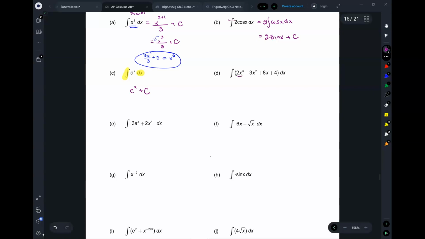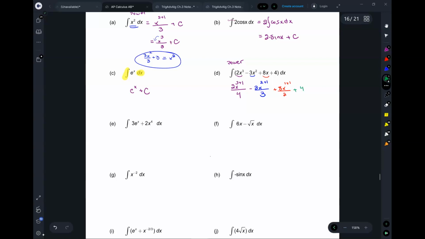So let's tackle the first one first. This is another power one, right? This is an example of a power. So you have 2x cubed, add 1 over 4, the new exponent. Okay, minus. Now we're going to do the next one. 3x to the power of 2 plus 1. That's 3. Divide by the new exponent. Next one. 8x. Exponent is 1. Add 1 divided by 2.